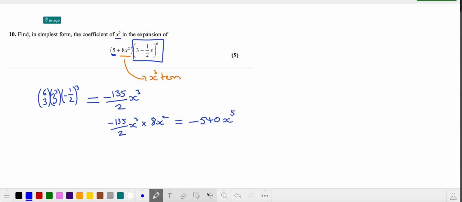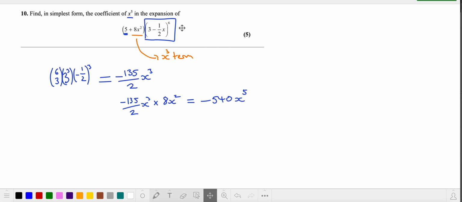Okay, then we've got to find the x to the power 5 term from the expansion. So we do 6 choose 5. First term in the bracket is going to be to the power 1, so that this x term in the bracket, I thought something looked weird up there. I couldn't put my finger on it.